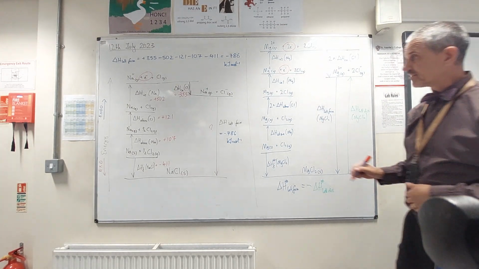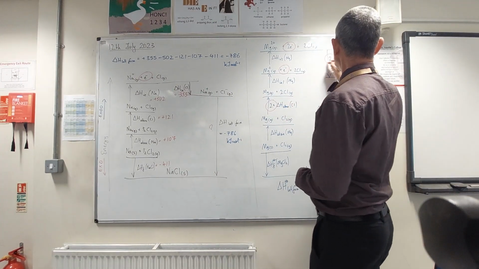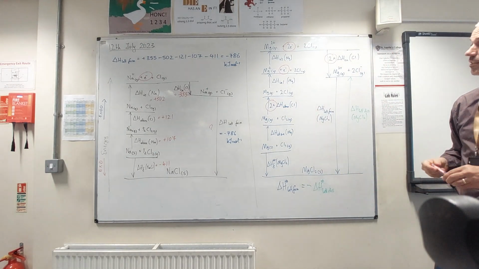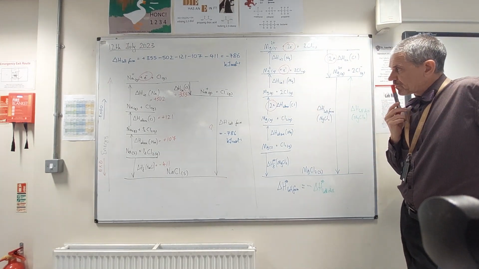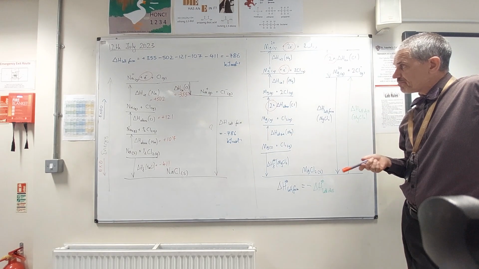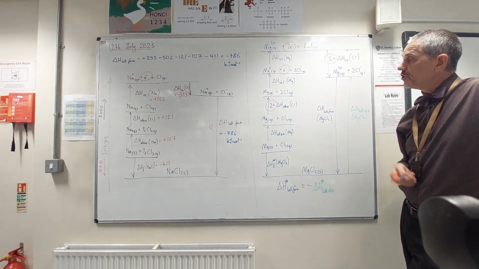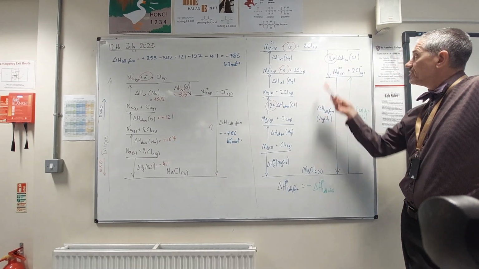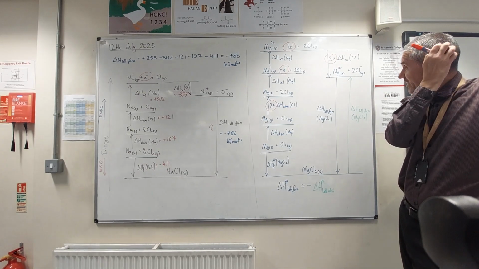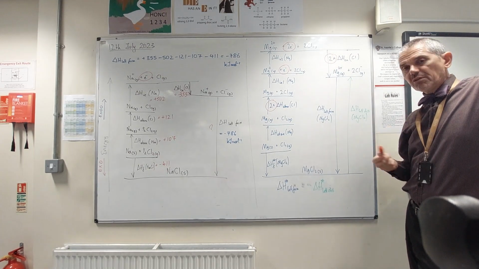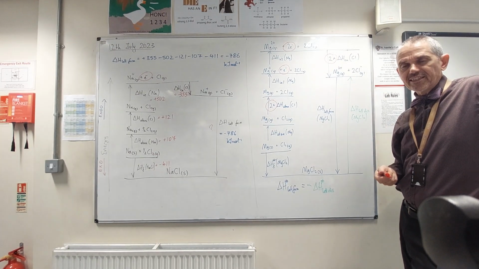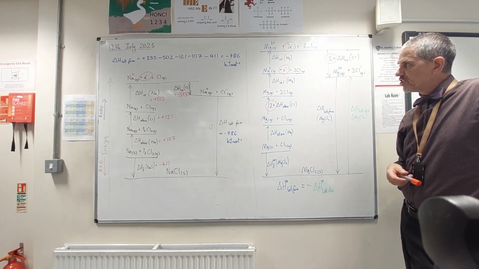The second thing that gets forgotten is the number 2. So for magnesium chloride, because I'm making 2 chlorines, I'd need 2 enthalpies of atomization, 2 electron affinities. Sometimes I see the number 2 where it's not needed.